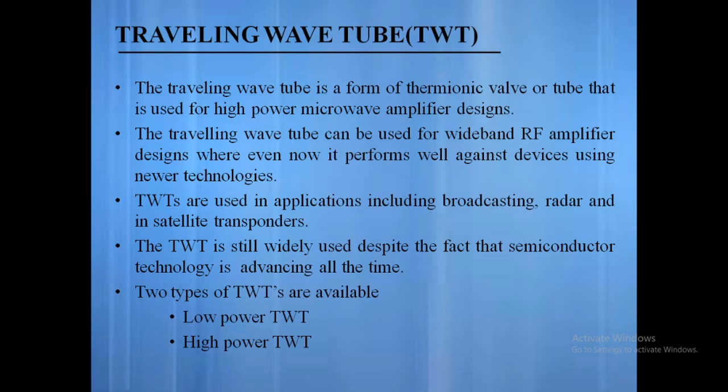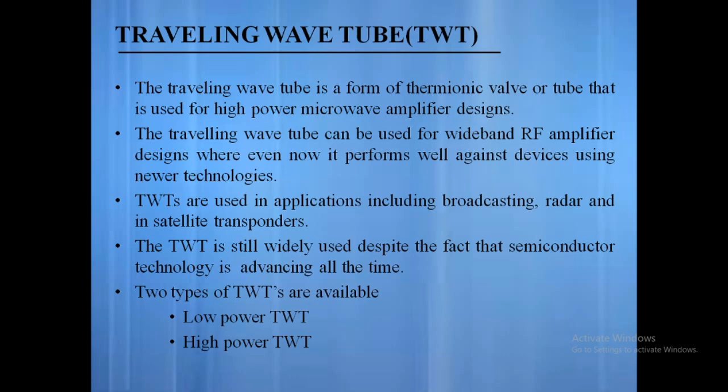First of all, introduction. The traveling wave tube is a form of thermionic valve or tube that is used for high-power microwave amplifier designs. The traveling wave tube can be used for wideband RF amplifier designs, where even now it performs well against devices using newer technologies.